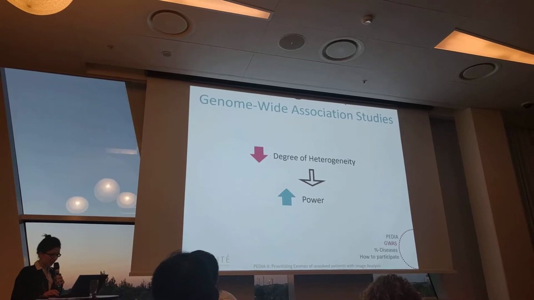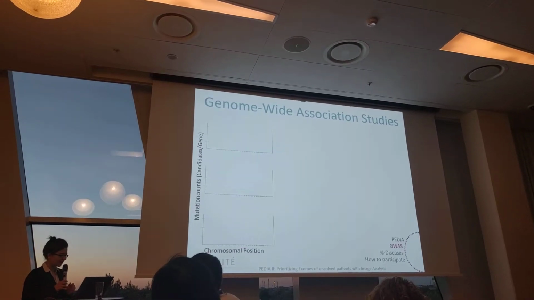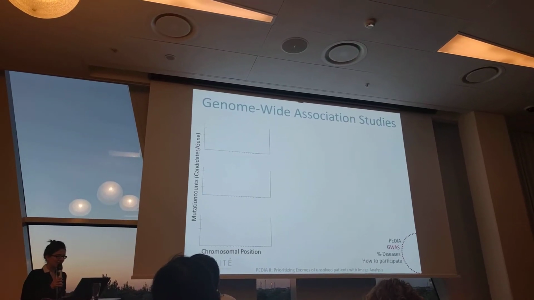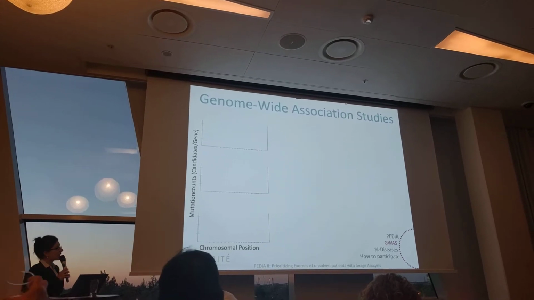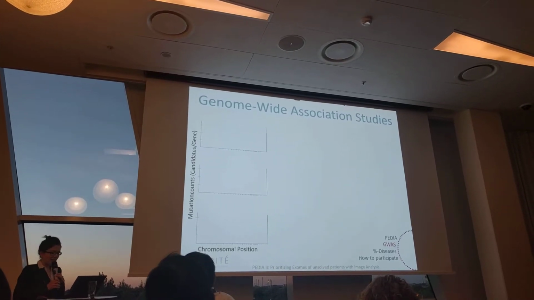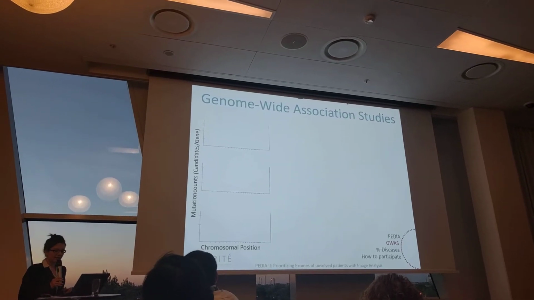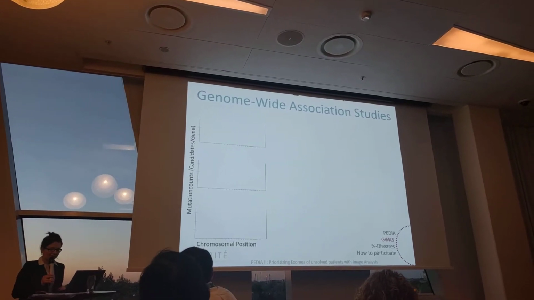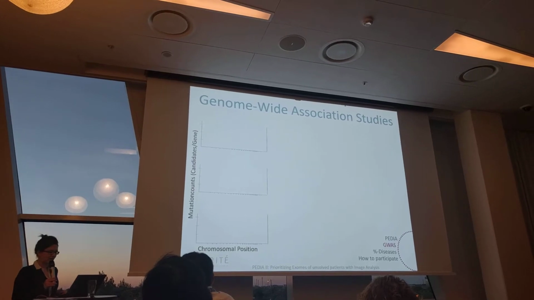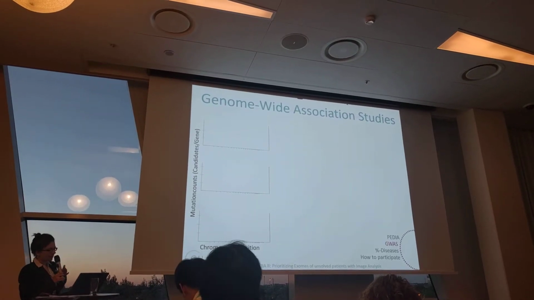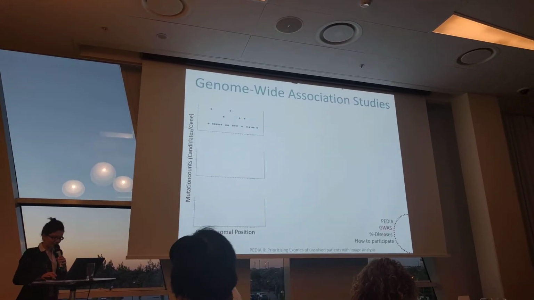And what I mean by this, I'd like to explain in a more schematic way. So here we have a Manhattan plot. On the x-axis there's the chromosomal position, and on the y-axis, in a simplified version, the count of the mutations. Every one of these plots stands for one patient.